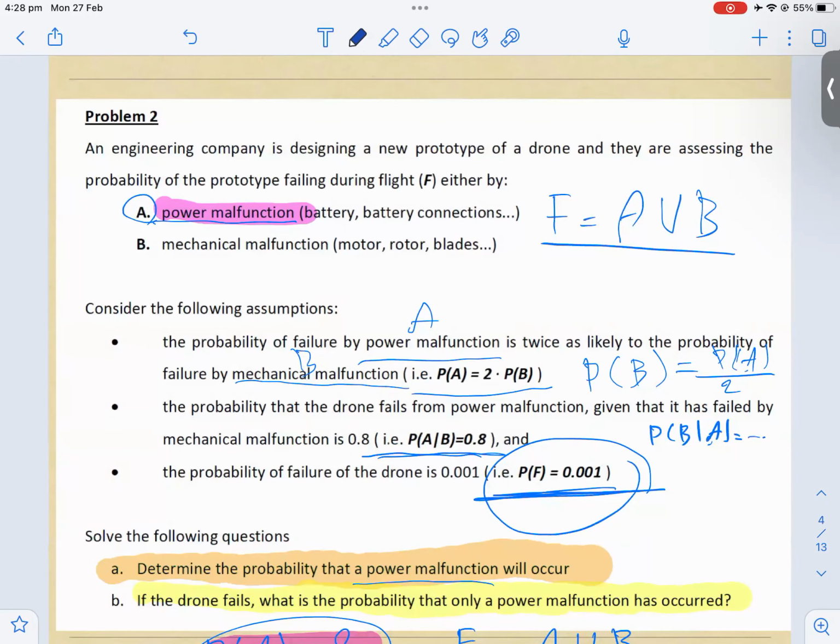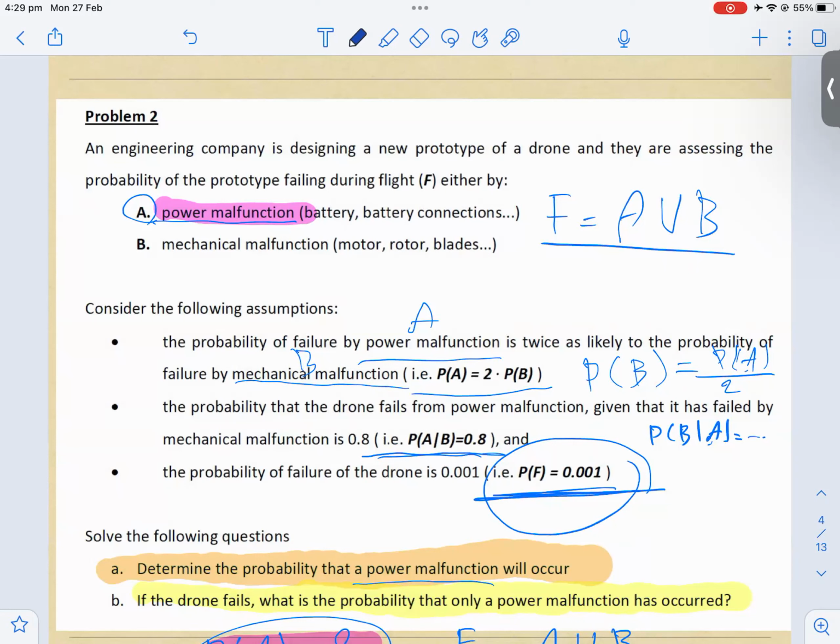Question 2. There's an engineering company, and they are trying to build a prototype drone. They are analyzing the failing of this drone in 2 aspects.